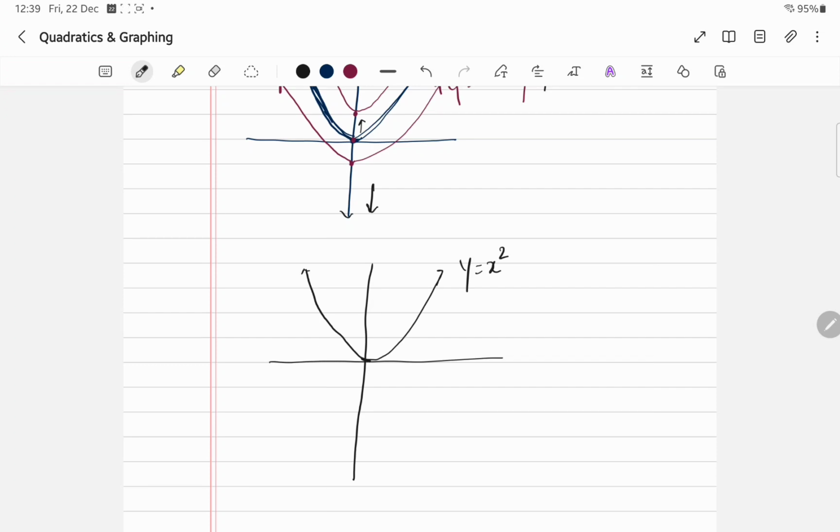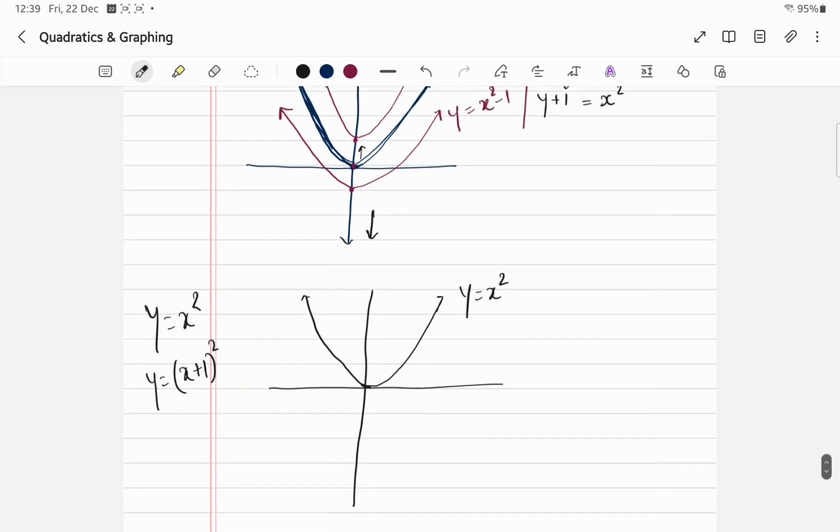Now I'm changing the x values. So if y equals x squared is now y equals (x plus 1) squared, so it is x plus 1, my x-axis is now changing.